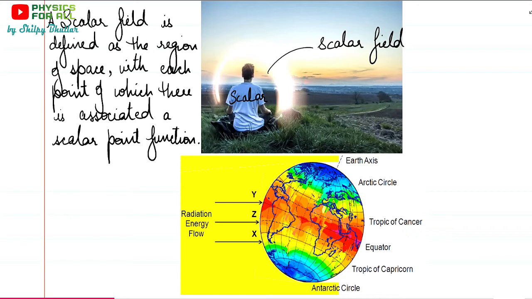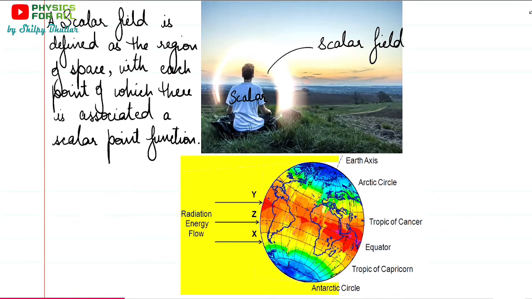This picture is just an analogy to understand what it is. Whether it is scalar or vector, there is a field, be it a charge. We talk of charges and we say that there is an electric field of a particular charge. Even charges are a sort of scalar; they don't have any direction.